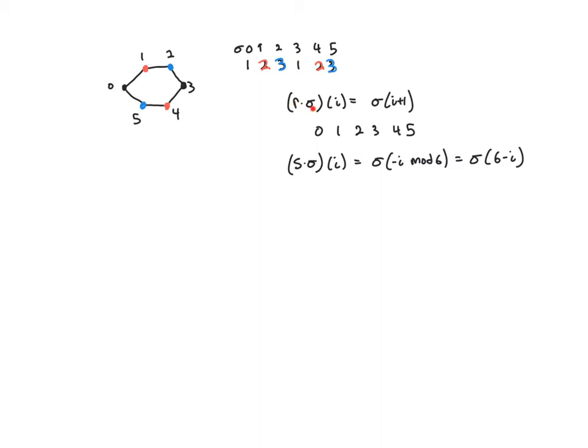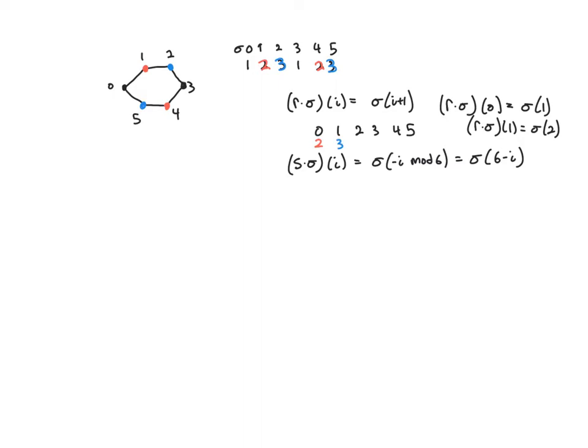Now what is r dot sigma of i? It's sigma of i plus 1. So that means we're going to look at sigma, so r dot sigma of 0 then is sigma of 1, which is 2. r dot sigma of 1 is sigma of 2, which is 3.